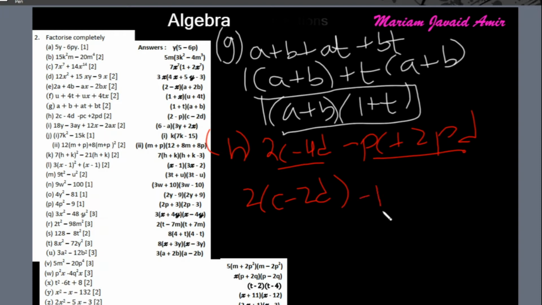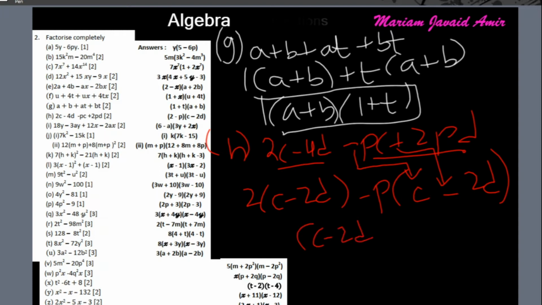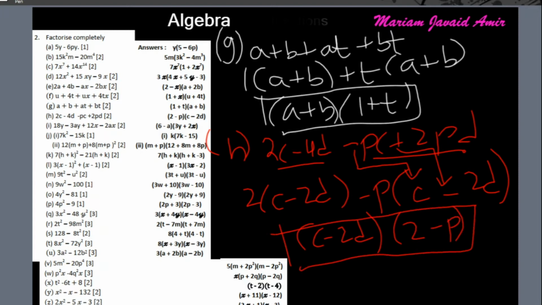If I take minus p common, change this sign to plus, I'm left with c, and then change this sign to minus 2d. Whenever you take a negative number common outside of the brackets, the inside signs flip. So we have c minus 2d twice, write it once, and we're left with 2 minus p. So that's the answer for part H.